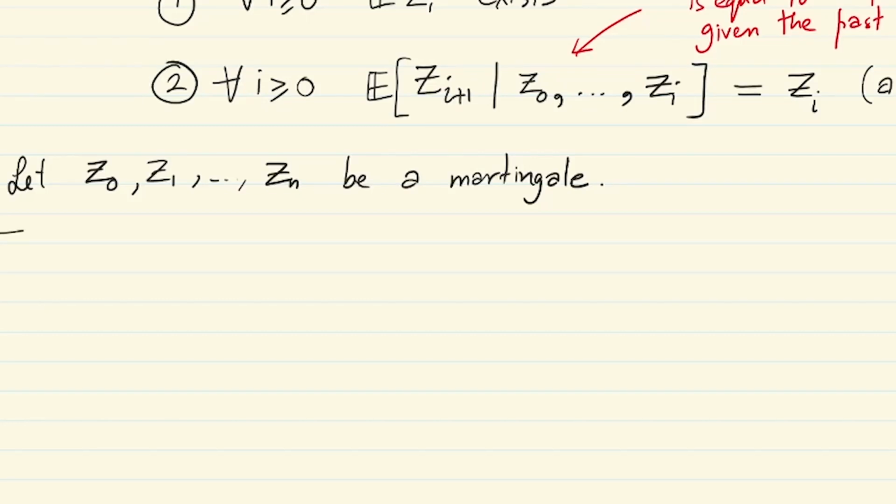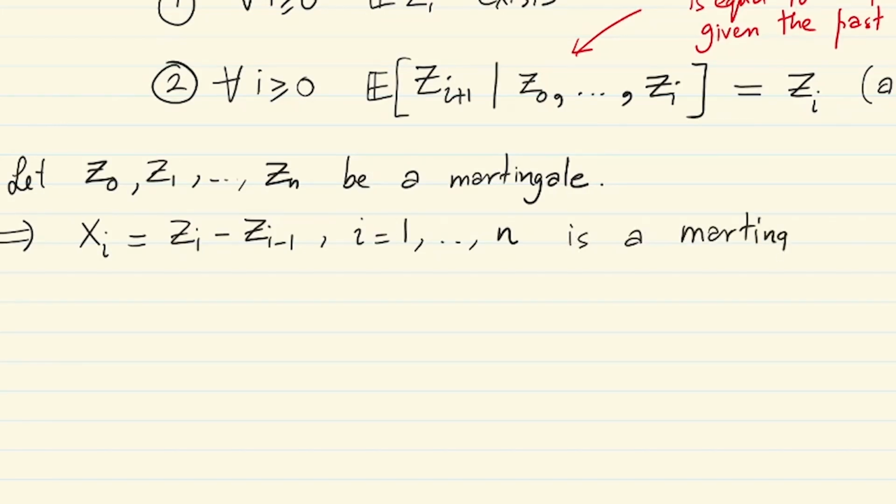Okay, so this means that if you take successive differences and call them xi, so xi is equal to zi minus zi minus 1 for i going from 1 to n, it's easy to show that this is a martingale difference sequence, as described before.